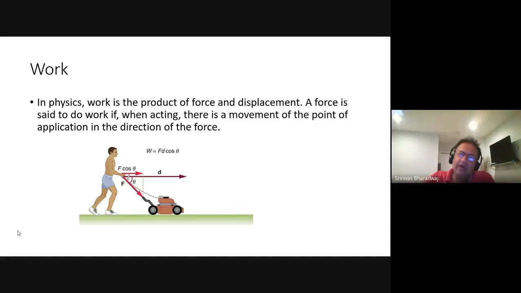When I lift it up, people say it has acquired potential energy. That means as it drops and comes back to the same position, it will acquire a different form of energy. It's called kinetic energy.